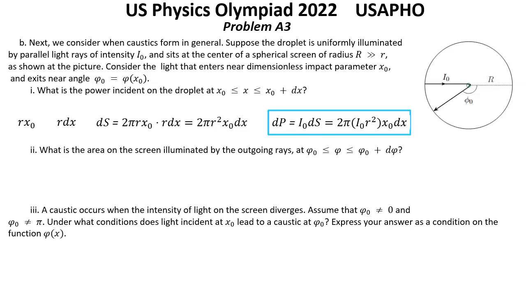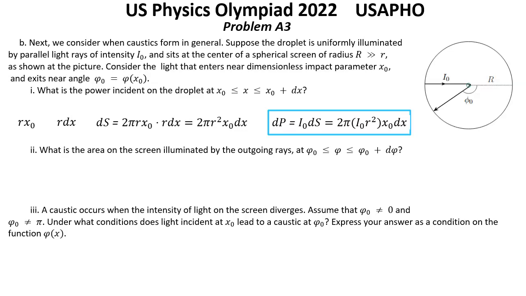Second, what is the area on the screen illuminated by the outgoing rays at phi0 ≤ phi ≤ phi0 plus d phi?